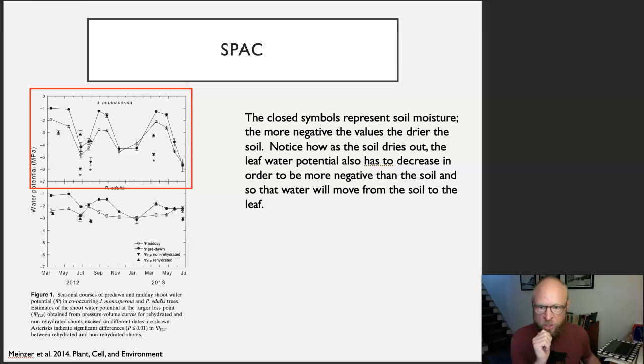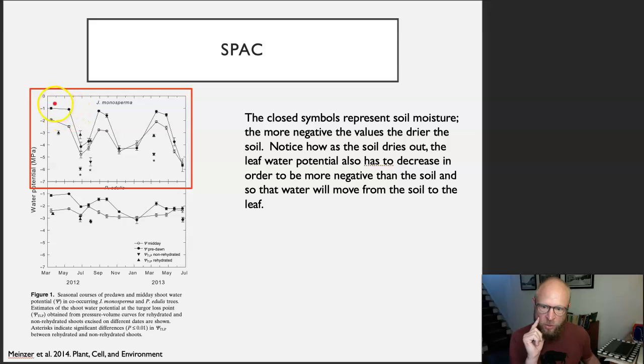What I'm showing you here is from a single leaf, Juniperus monosperma, from a dry area. In this figure, I want you to focus on these two lines.